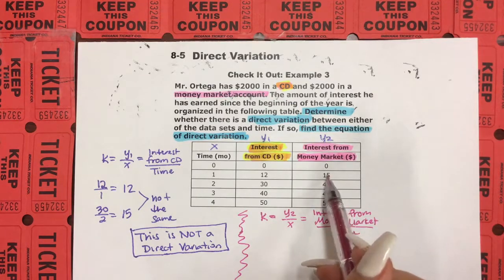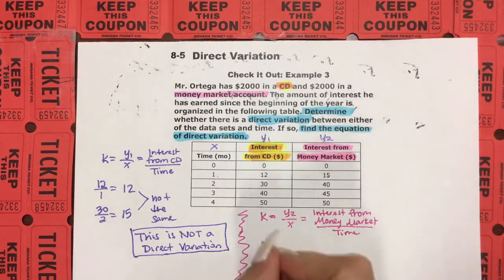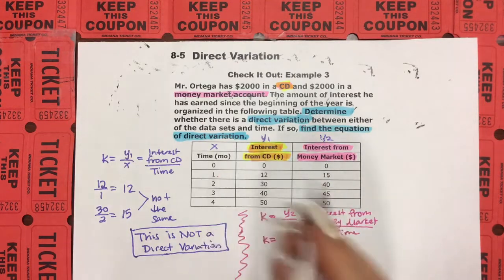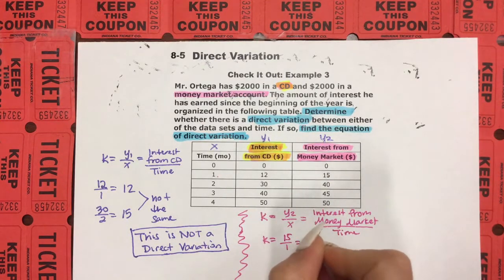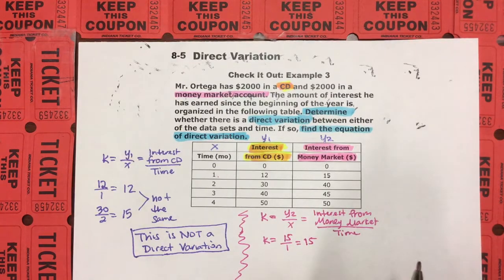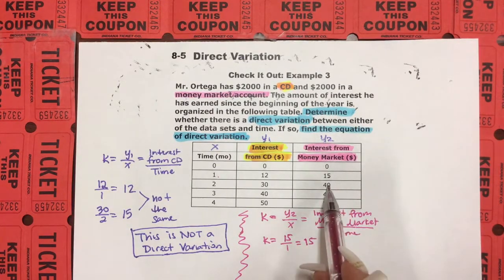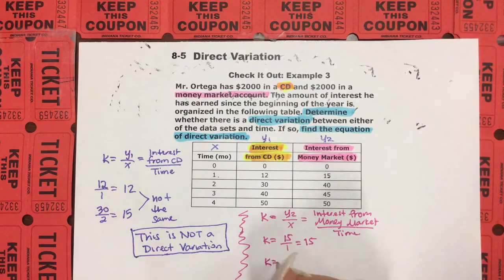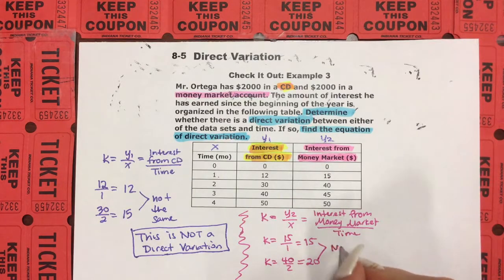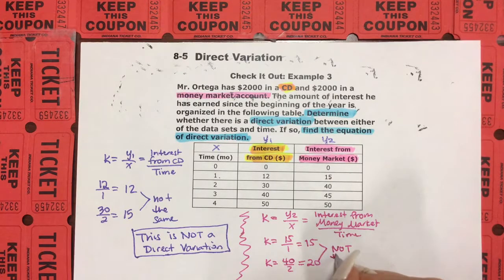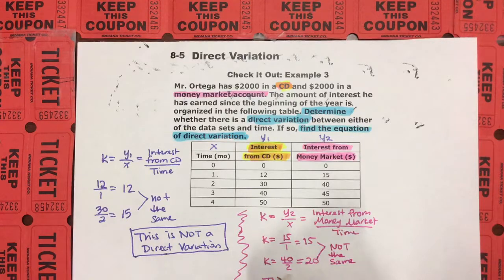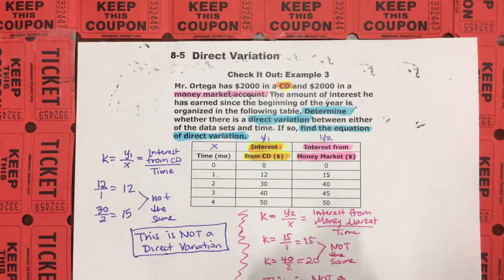The first one, y2 over 1, so our k is going to equal 15 over 1, which is equal to 15. Cool. Let's look at the next one, 40 over 2. So our k is going to be 40 over 2, and 40 divided by 2 is 20. So these are not equal, not the same. So this is not a direct variation.